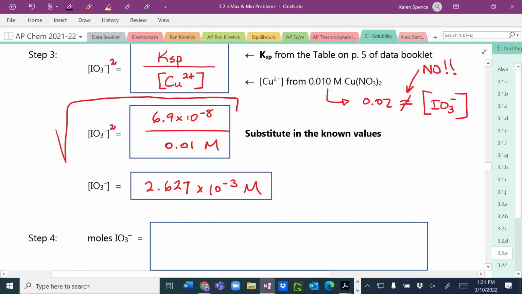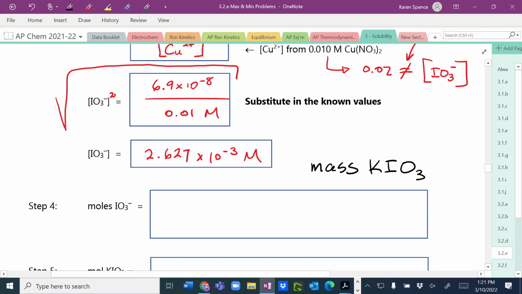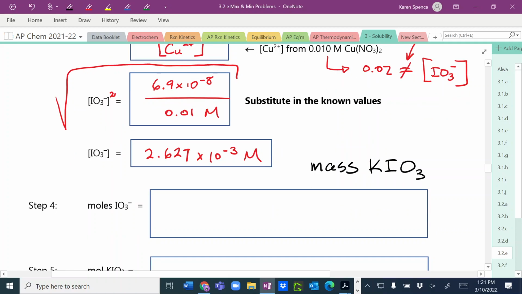So we get to the end and we say, okay, that's grand, I have a concentration. I need to now find my mass of KIO3, right? Because our question asks for the mass of KIO3. So we could find our moles of IO3, 2.627 times 10 to the minus 3 moles per liter.